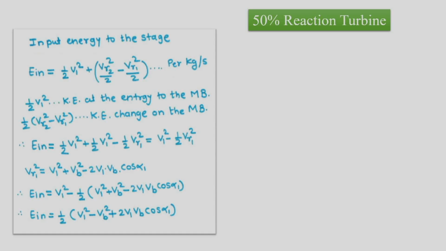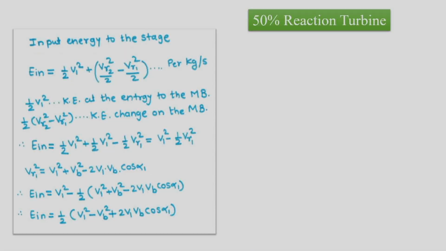So diagram efficiency in case of impulse turbine was work done divided by half m dot s into V1 square, and that m dot s into V1 square by 2 was the kinetic energy at the outlet of the nozzle or at the entry to the moving blades, but there whole enthalpy drop was taking place in the nozzle only. However, in the present case it is not true.